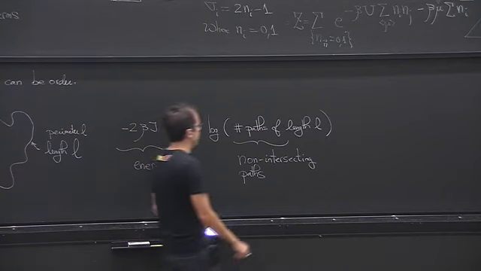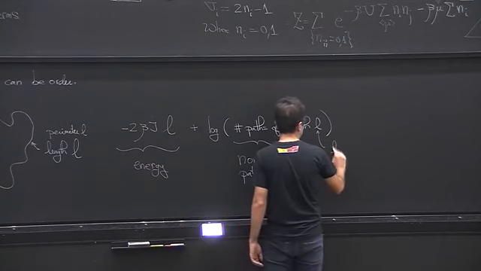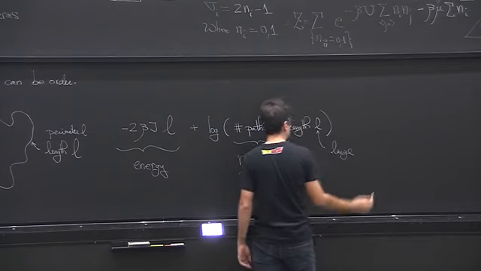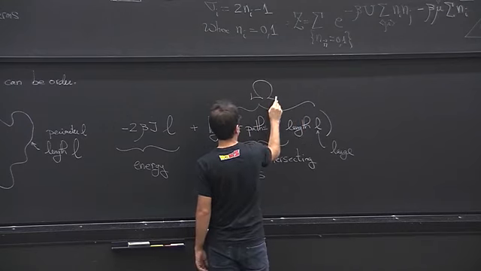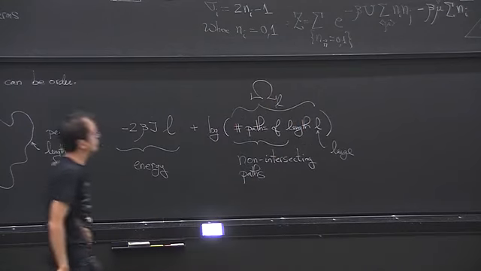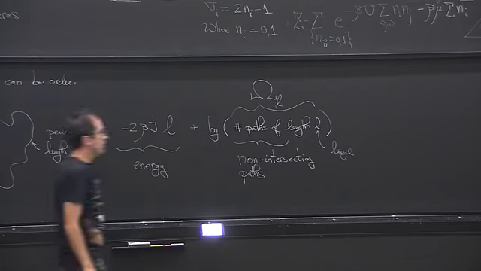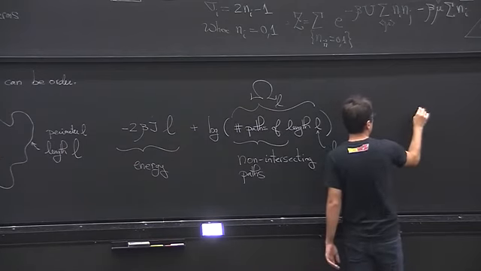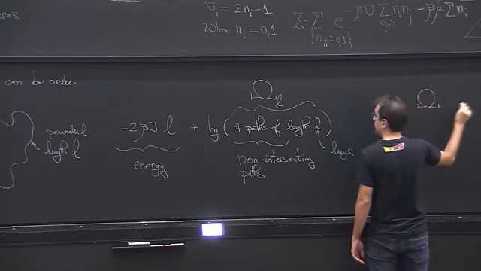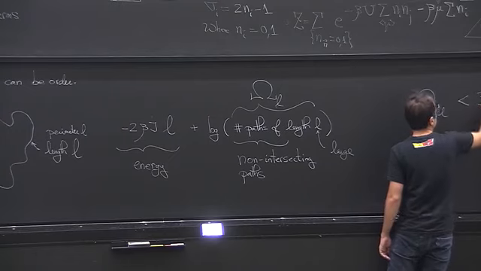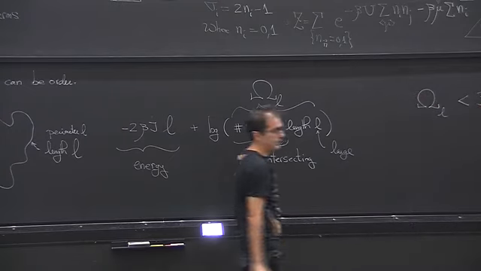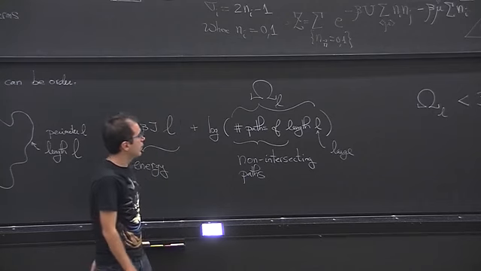This number of paths of length L, and this L is large, so we are going to write asymptotic formulas. Let's call this omega L. Then this omega L is definitely smaller than 3 to the L. Why?